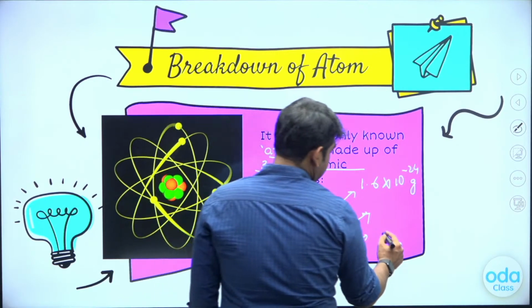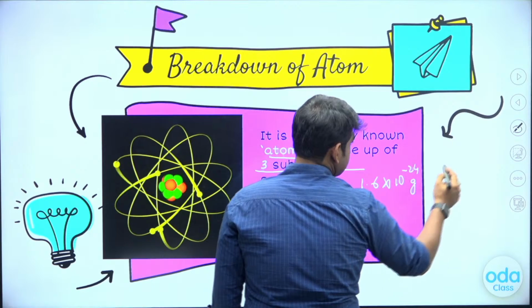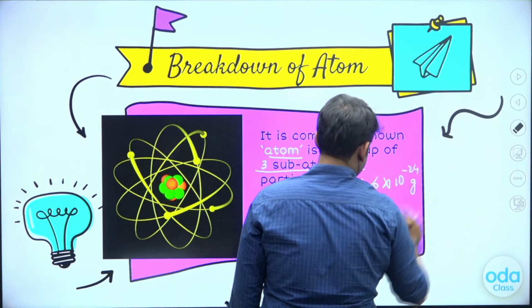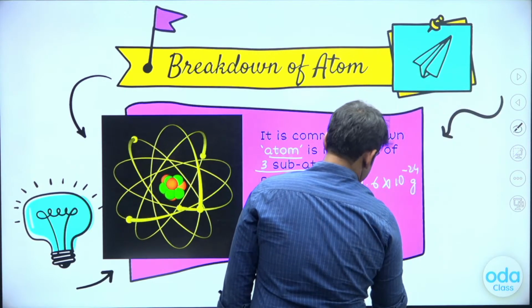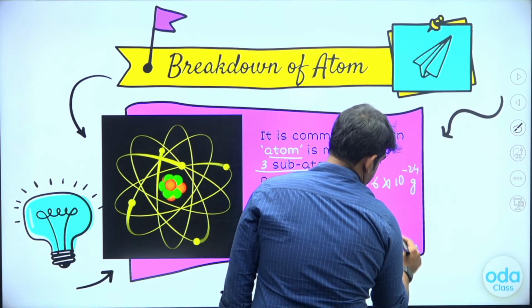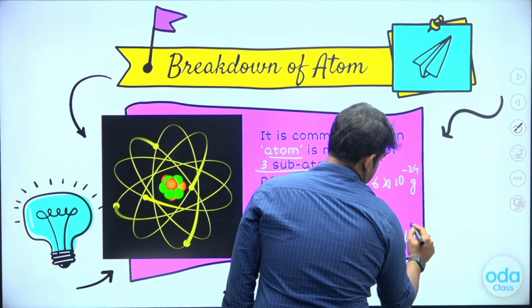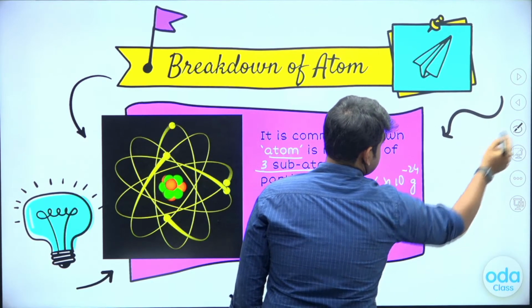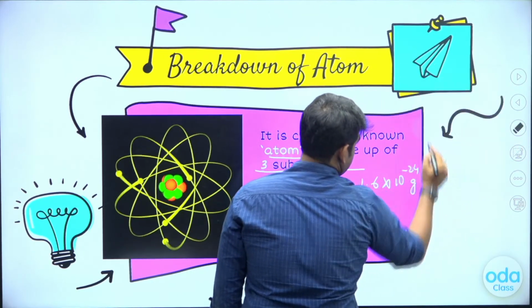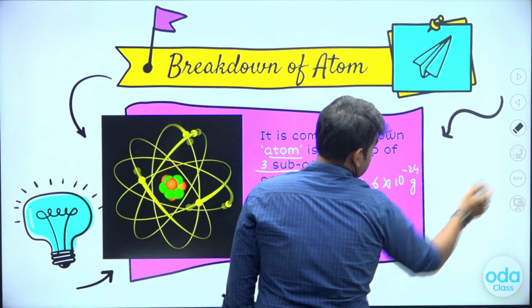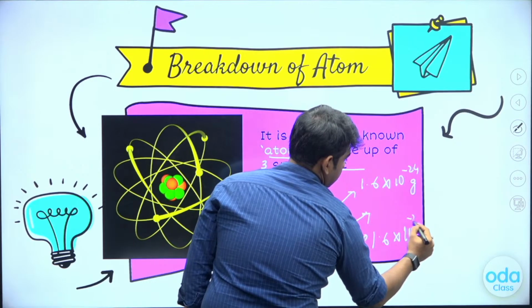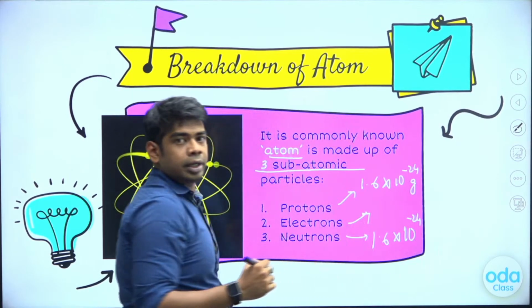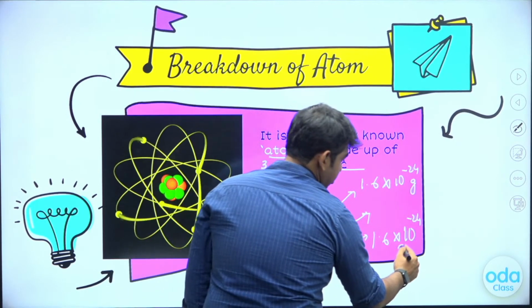So we'll keep this also as 1.6 into 10 raised to the power of minus 24, again given in grams.